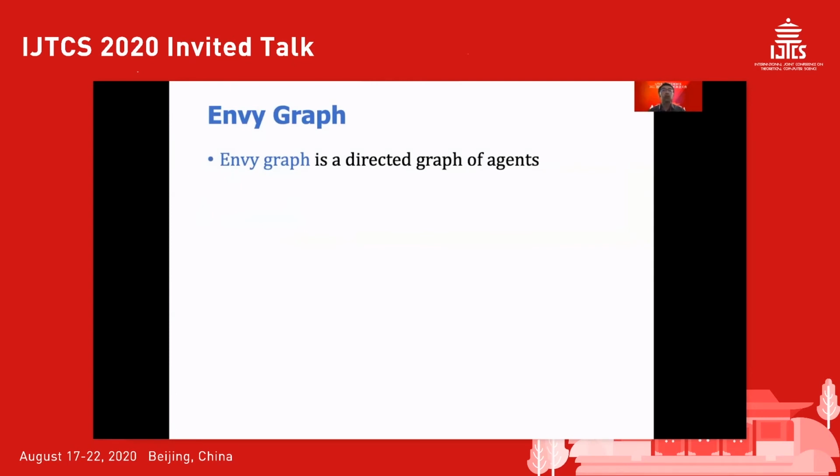This graph has two types of edges. The first type is called an envy edge. We construct an envy edge from agent I to agent J if agent I thinks that his own bundle is worth less than agent J's bundle. If this is the case, we have an envy edge from I to J.